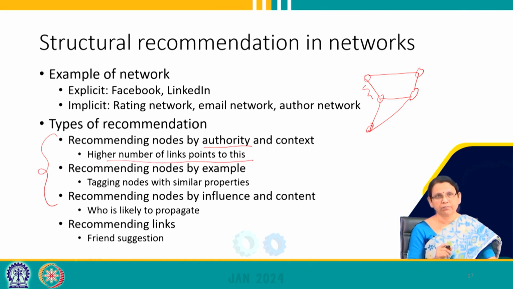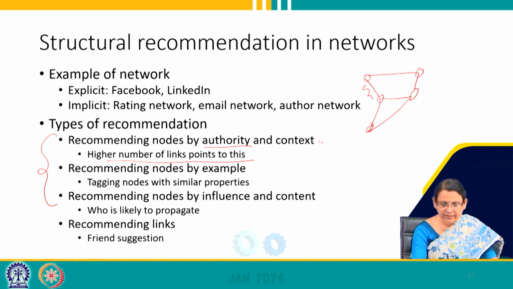Many people follow them. Okay. So, if they say something, others listen. So, they can be targeted. Once we identify them, they can be targeted for branding a new product.